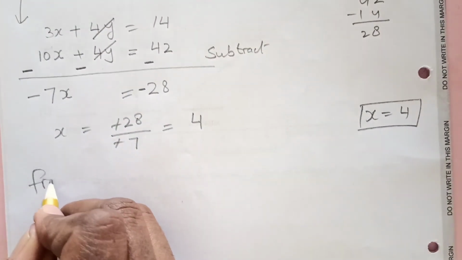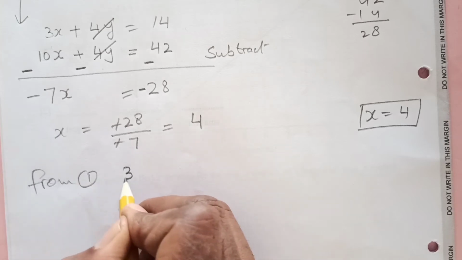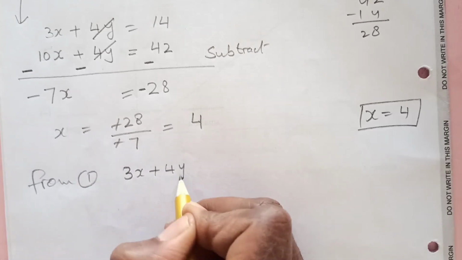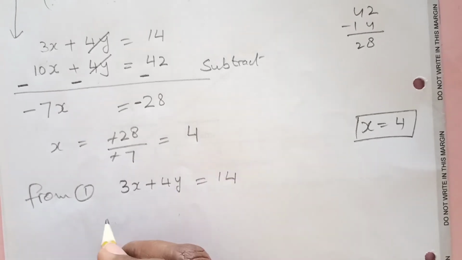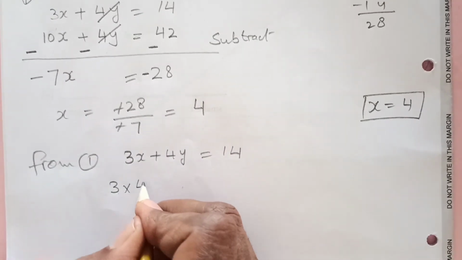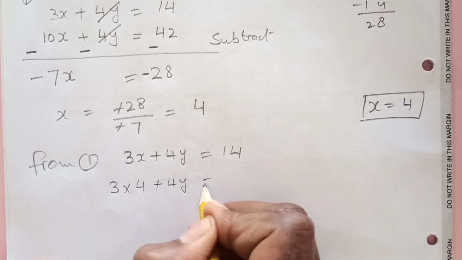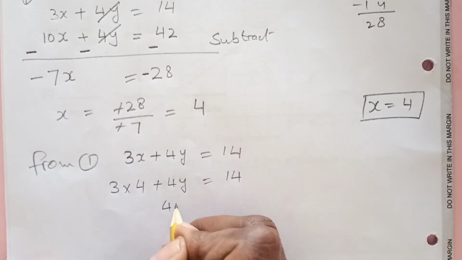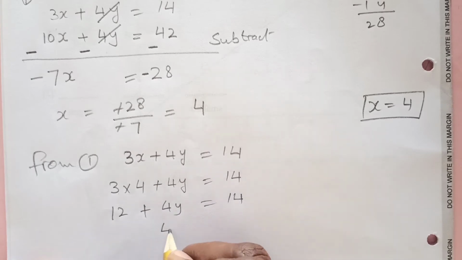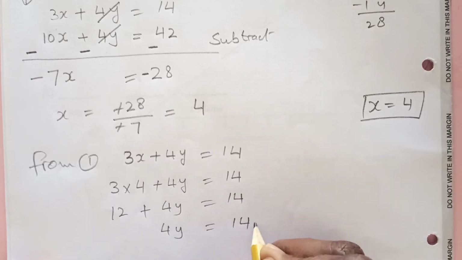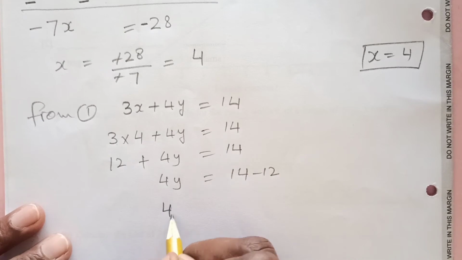So from 1 we have 3x plus 4y equals 14. Then x is 4, so 3 times 4 plus 4y equals 14. So this is 12 plus 4y equals 14, and 4y equals 14 minus 12.